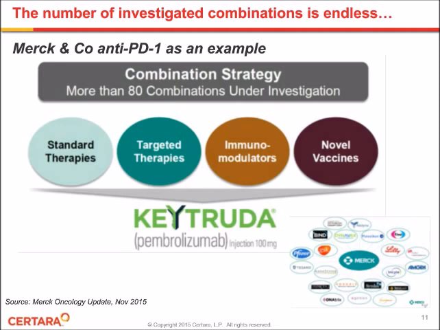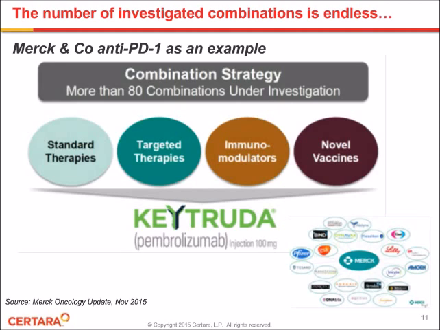And this is as an example of the program that Merck is conducting, and I've taken this from a Merck corporate presentation where they describe investigating more than 80 combinations with their PD-1 antibody, pembrolizumab. And those combinations range from combinations with standard therapies, so cytotoxics, targeted therapies, so those are compounds that target specific proteins in the cancer growth cycle.